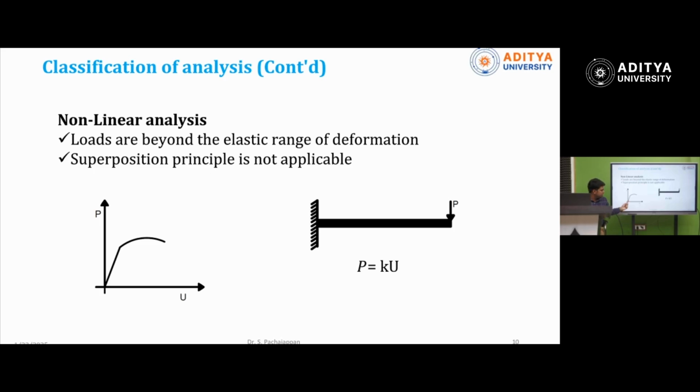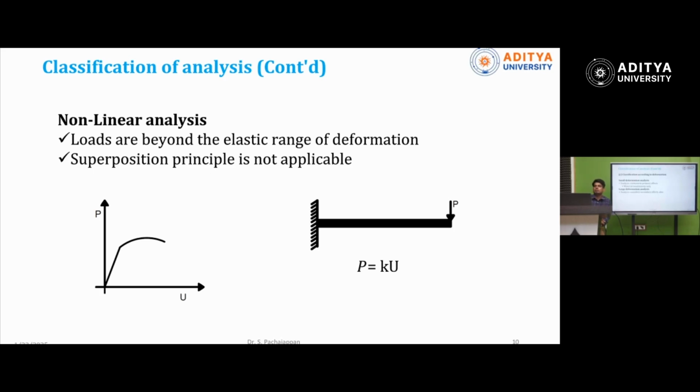So here we can see this graph. The load deformation is proportional up to some point, and then the nonlinearity is started. Load is equal to stiffness multiplied by displacement. So here the stiffness is a function of displacement.